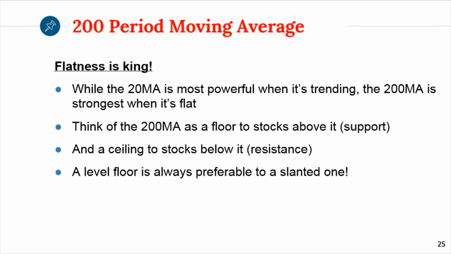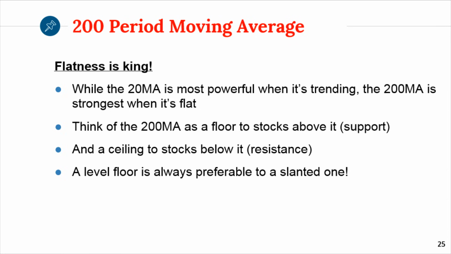Okay. The 200 period moving average is a long-term moving average, unlike the 20. Because it's not used for trend-based trades, flatness is king. You want it to be as flat as possible in order for it to be effective.